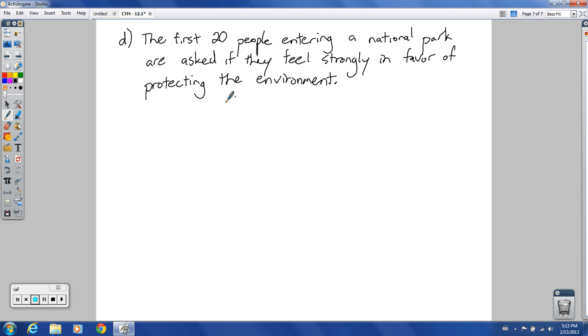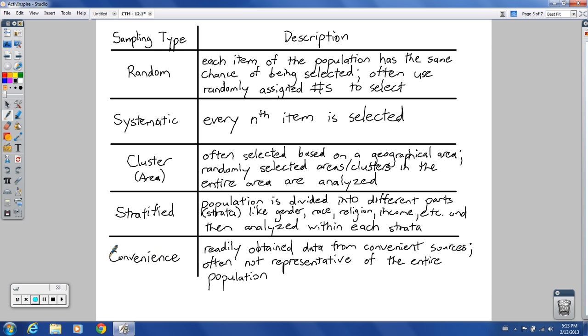Now, without saying anything about whether that's a good sample or not, what kind of sample is it in the first place? That sounds like a convenience sample to me for sure. So this is readily obtained data. These people are right there. We can just ask them the question on their way into the park. We don't have to divide people into different groups, or put names in a bin, or randomly select using a random number generator.